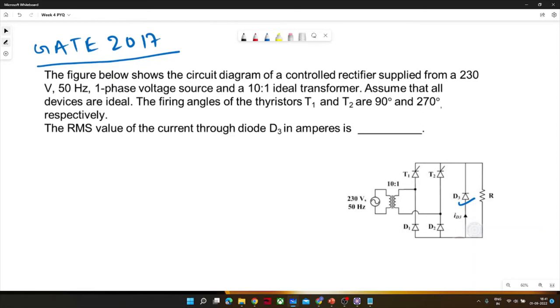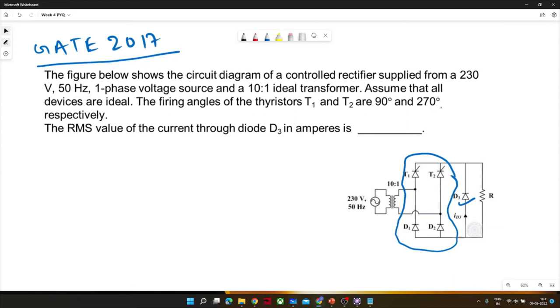Half controlled? Fully controlled? Half controlled, fully controlled. Okay, so any specific name you might have heard or studied for this type of topology?